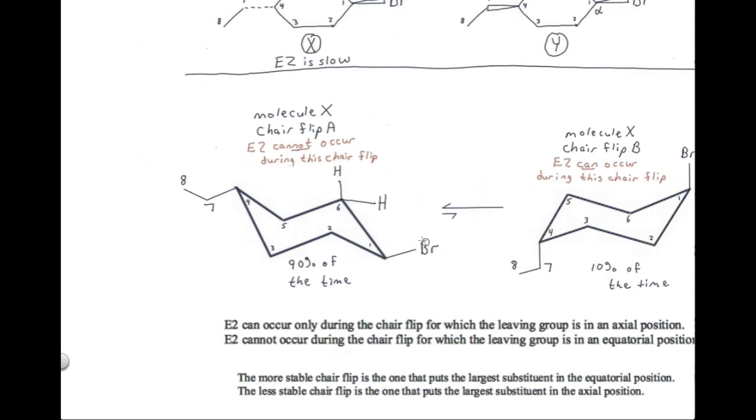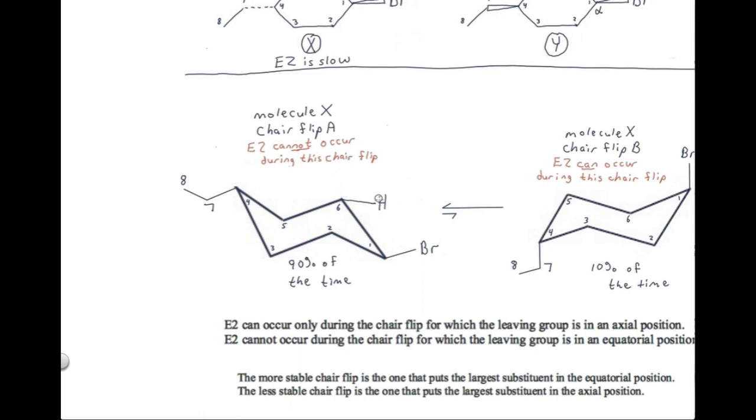Notice that we can't use this beta hydrogen because it's cis to the bromine. They're both pointing up, so it's impossible for them to be anti. Clearly, this bromine can never be anti to this hydrogen because they're both pointing upwards. So the only possible beta hydrogen we could use is this one. But notice that they're clearly not anti to each other. This bromine is pointing up and to the right, and this is pointing down and to the right.